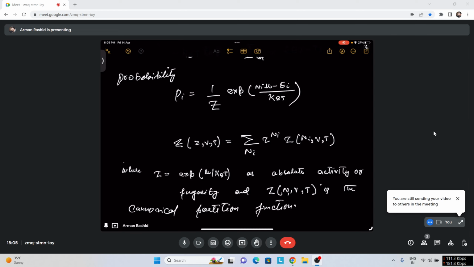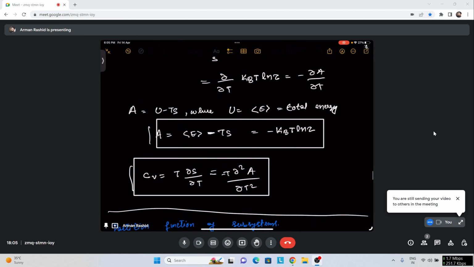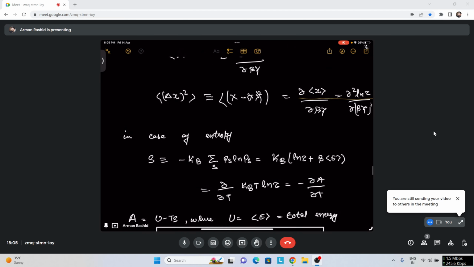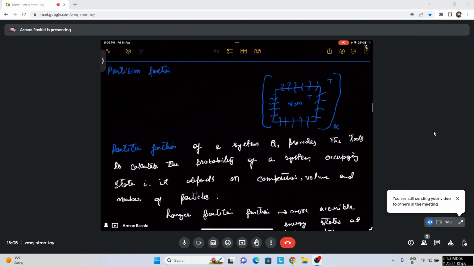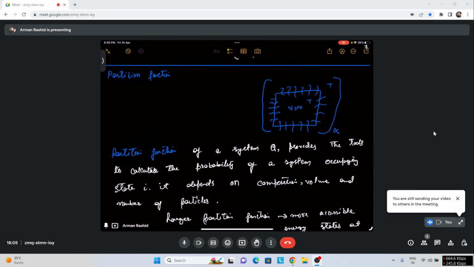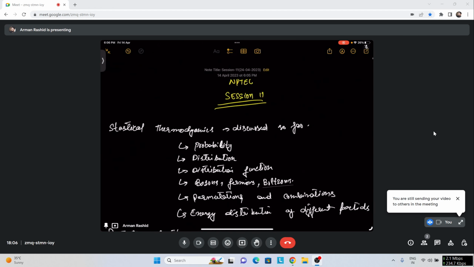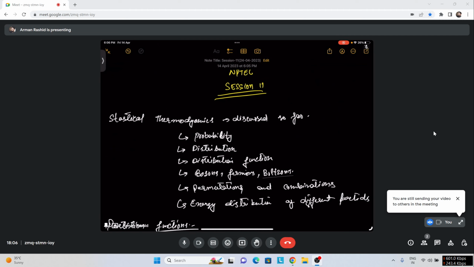So what we have done is that we have put the grand canonical partition function in terms of the canonical partition function as well. Now this completes our lecture today. In the next session we'll be dealing with the molecular partition functions, how the different partition functions can be correlated for a single molecule in terms of its different states of matter.